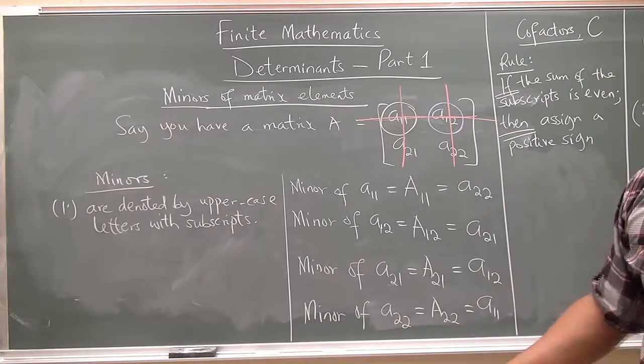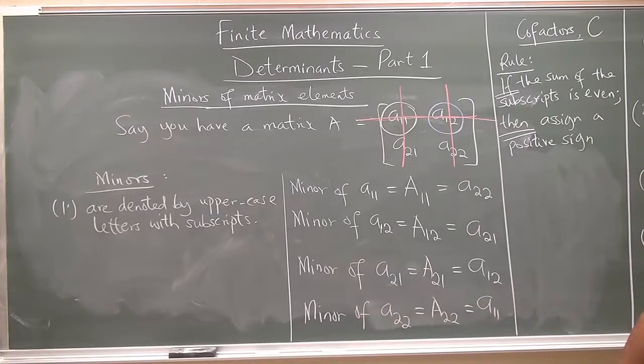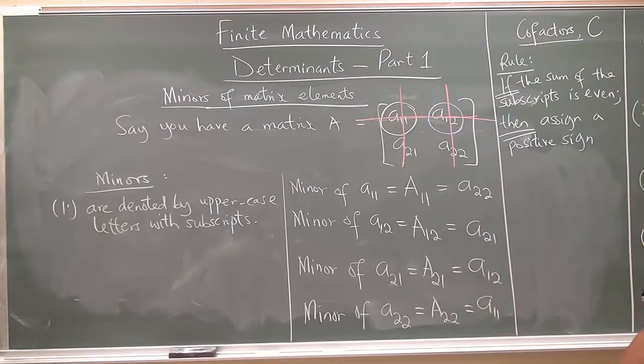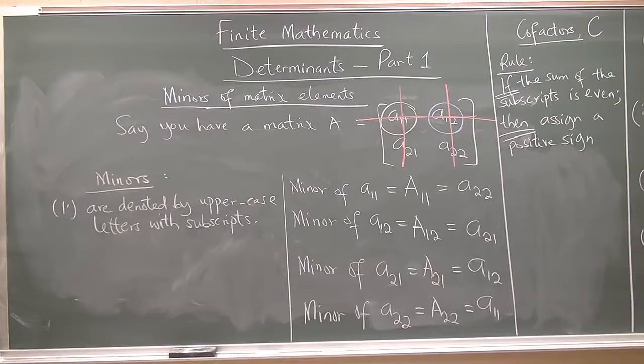Then you can just write else. You don't need to write else if this time around. Else, assign a negative sign. That's else, meaning that if the sum of the subscripts is odd, then assign a negative sign. Or you can just type end if, and then you begin another if again.